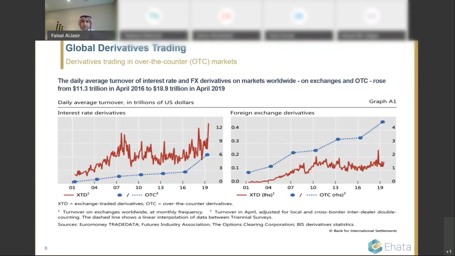When it comes to currency and interest rate, the numbers are mixed. You can see in this graph how OTC trading of FX derivatives also grows substantially. In OTC markets, the daily average turnover of FX derivatives increased from 3.4, as you can see on the right side, to 4.6 trillion between April 2016 and April 2019. By contrast, exchange remained at merely 0.1 trillion.